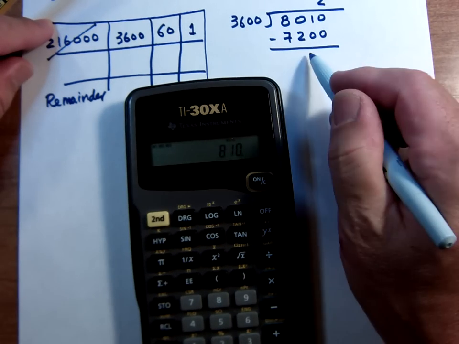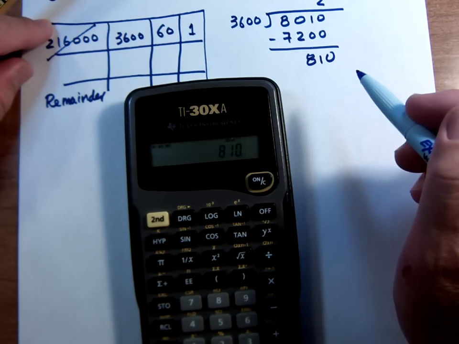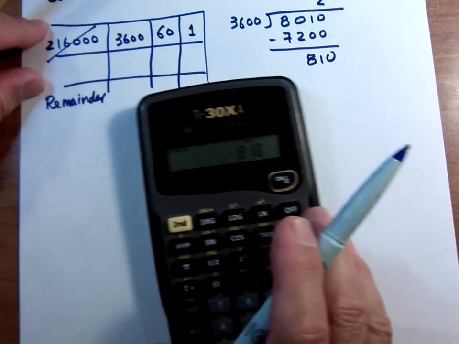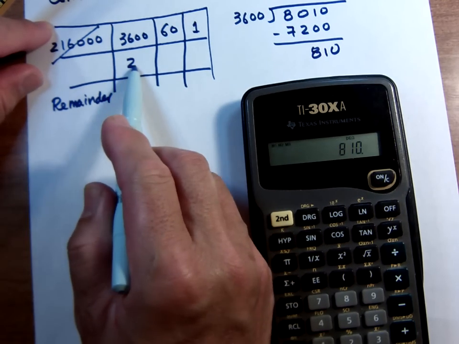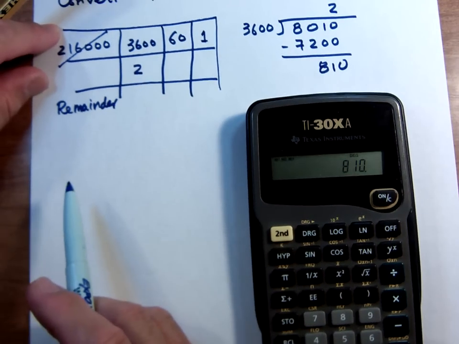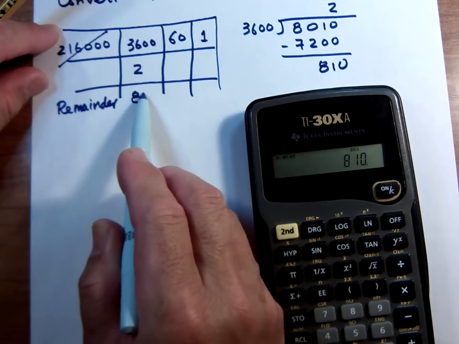And of course now that will be our remainder. We write this as 2. That's our so-called quotient. The remainder is 810.